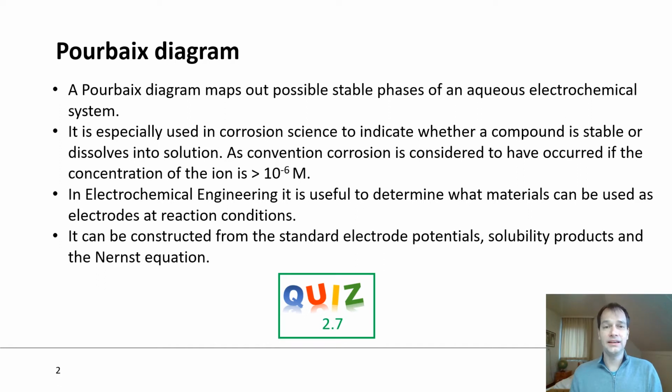Now, a Pourbaix diagram can basically be constructed from standard electrode potentials, solubility products, and the Nernst equation. Now, to start playing a bit with the Pourbaix diagram, I recommend you to carry out quiz question 2.7.